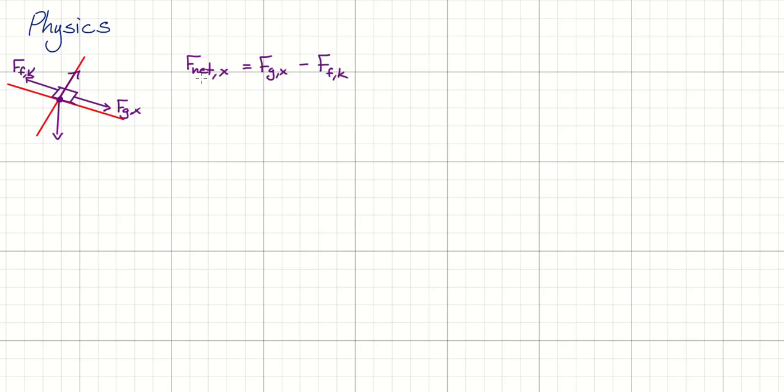What should I add to both sides right off the bat? So I'm going to add the friction. So we wind up with this expression. F of friction kinetic, the force of friction, is exactly equal to the force of gravity in the x direction. Everybody still on board?